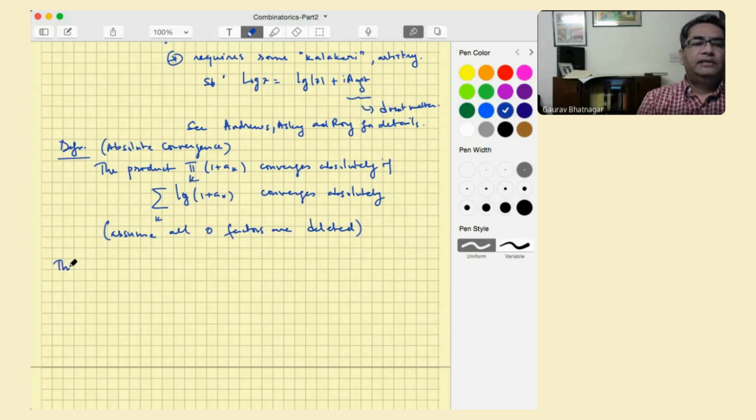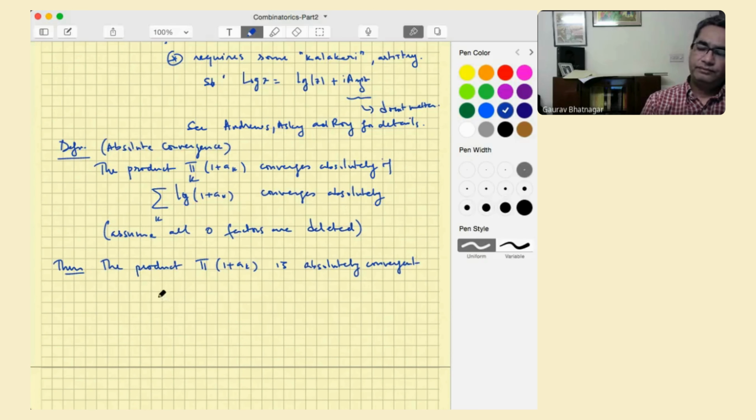And now there is a nice theorem which we will need. So this log business causes a little bit of problems in managing things practically. So this absolute convergence theorem is very nice: the product of 1 plus a_k is absolutely convergent if and only if the summation of a_k is absolutely convergent.